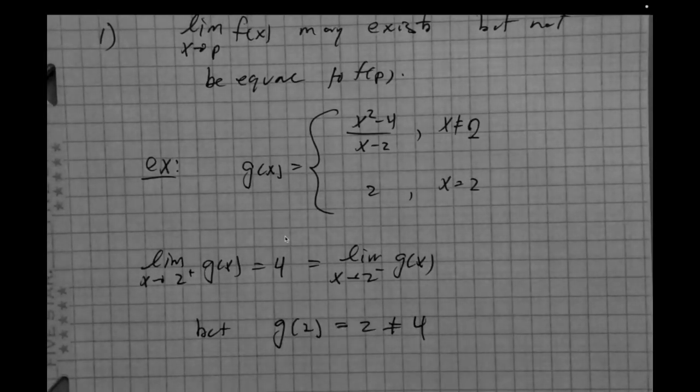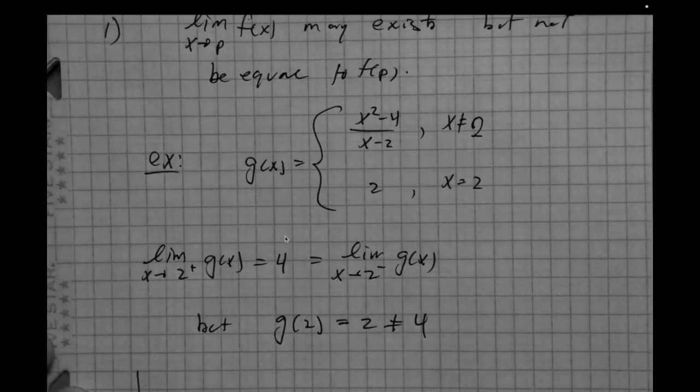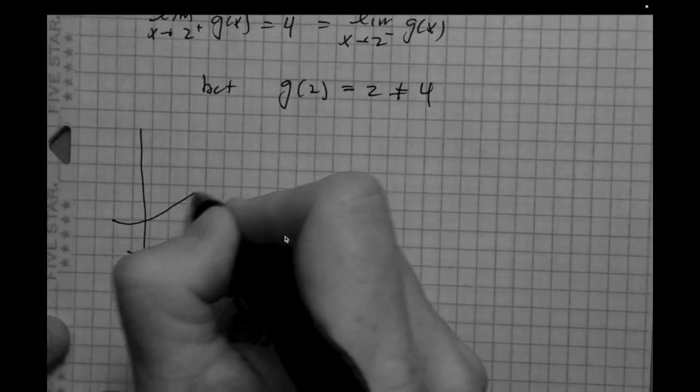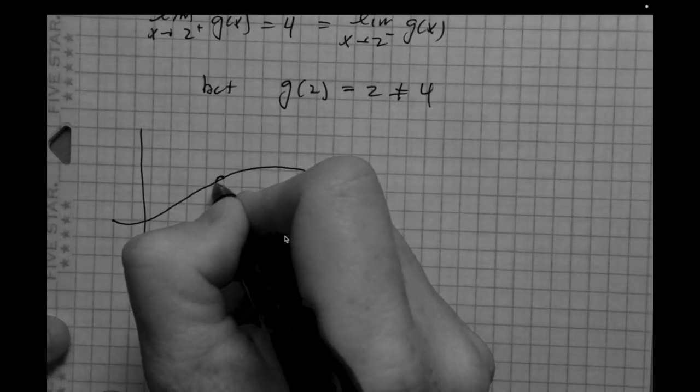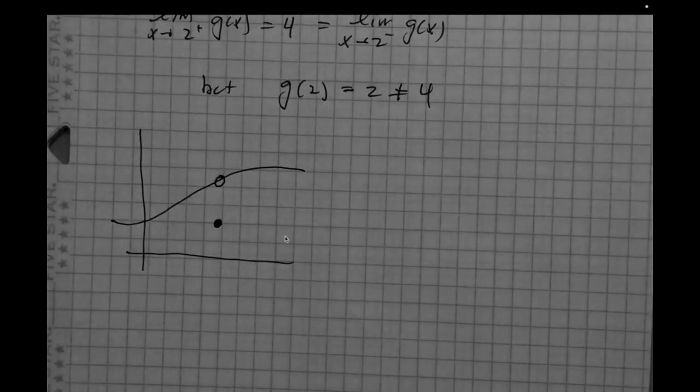So here you have a left and a right-hand limit. They agree, but the value of the function at 2 is not what the limits suggest. So this would be an example of a removable discontinuity. If you were to draw a picture of this, you've got some kind of function here, and for some reason, right at this point, the function just changes, it drops down.